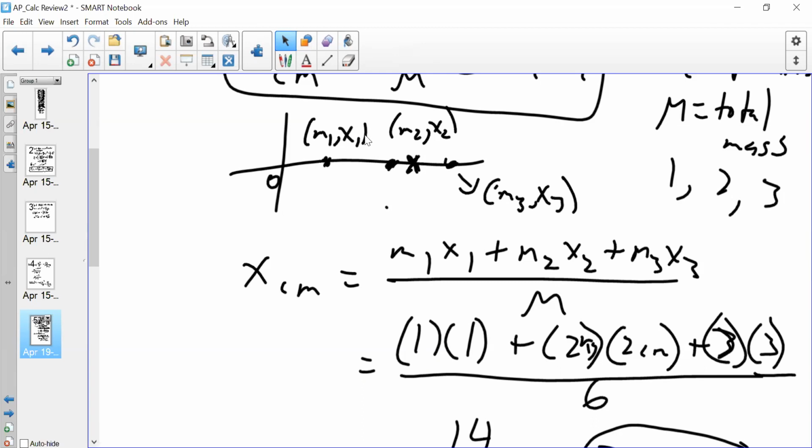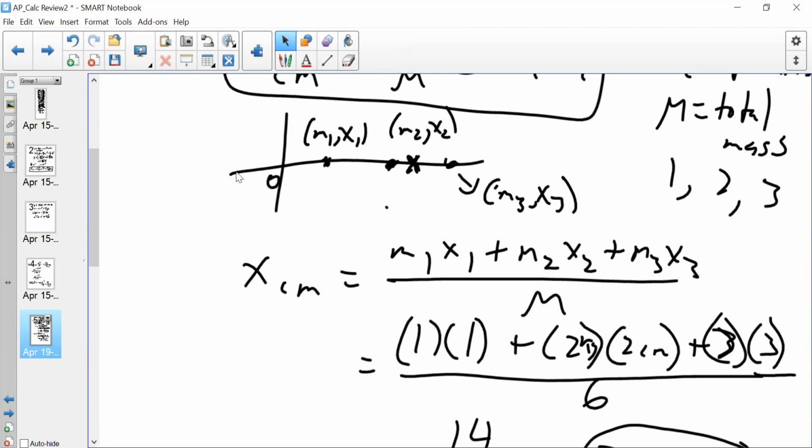Remember, it's not displacement, but even still, it's still on the positive x-axis. So this would still be 1 times 1, and this will be 3 times 1 divided by 6, and you will get the same center of mass no matter where your reference point is.